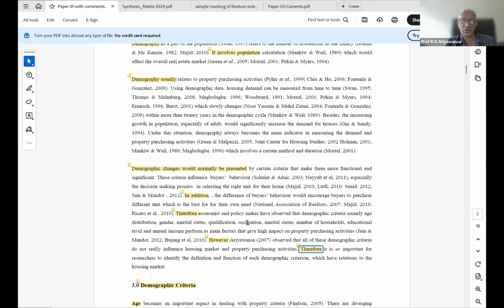Therefore, based on all these arguments, counter arguments and different opinions, finally on the last page, they point out this one, probably by these authors: therefore, it is so important for researchers to identify the definitions and functions of each demographic criterion which has relations to the housing market.